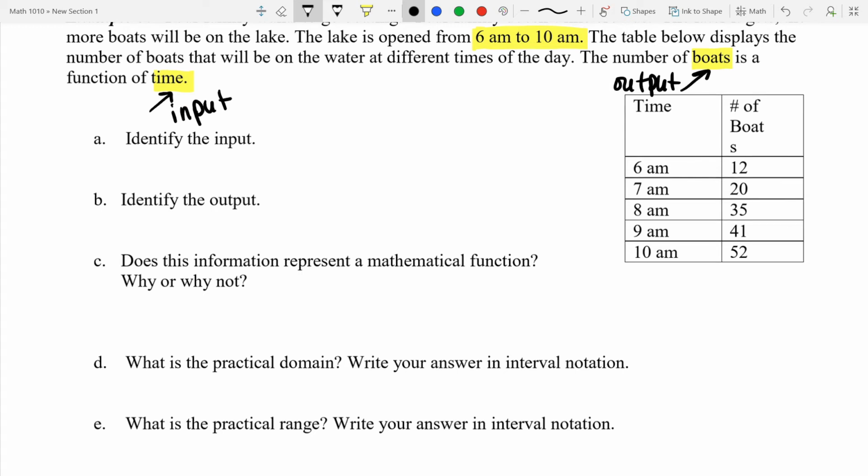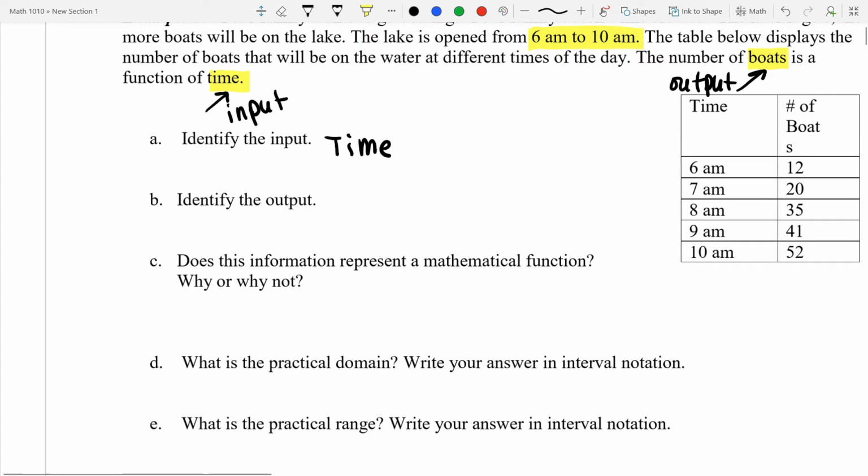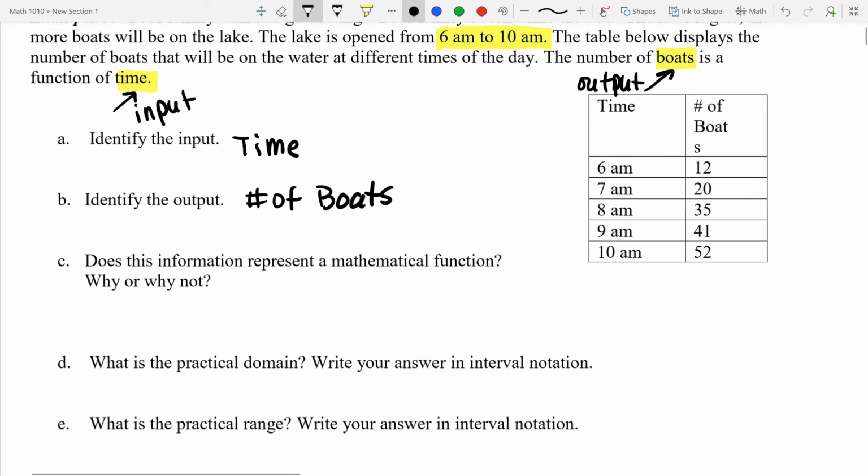Remember, that's always the order. So what's the input? We just did that. It's time. That's the x. It's what you put in. The output is the number of boats. It's what comes out. Is this a function? Look at it. Yes, it is.